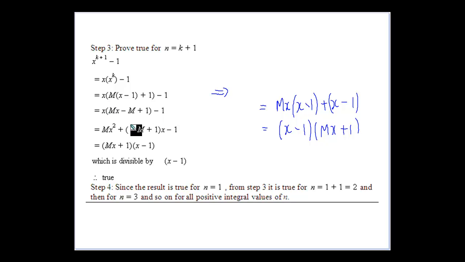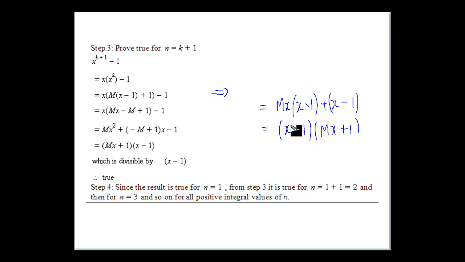Expand, gives us m times x squared, we get a minus m plus 1 lot of x, and then minus 1. If I look at that, I can start to factorise that and get (mx plus 1)(x minus 1), which obviously would be divisible by x minus 1.